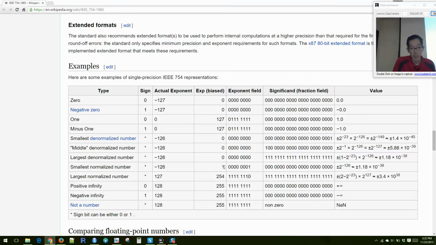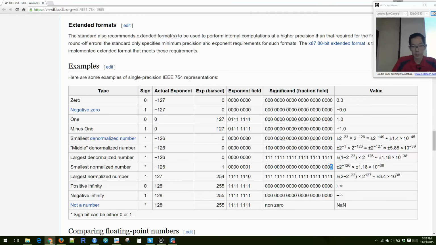Then the exponent sign is going to be a 1, and the smallest digits in the fraction field would be all zeros, and so this basically represents multiplying times 2 to the negative 126.